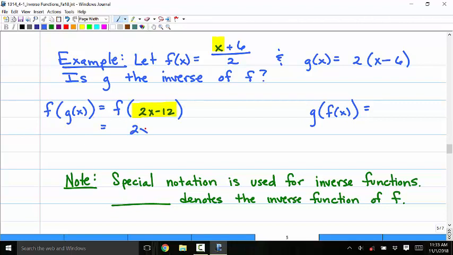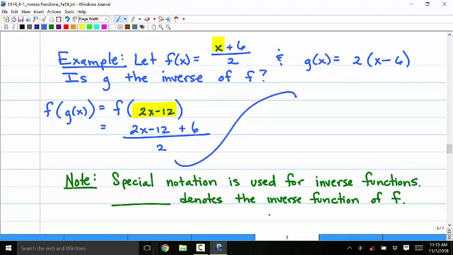So I have 2x minus 12 plus 6 all over 2. I don't like doing this, but I've run out of room, so I'm going to go across. It's very bad. I know. Actually, I'm going to do it this way. What is 2x minus 12 plus 6?